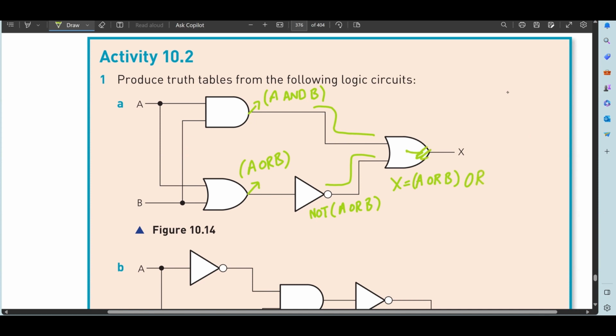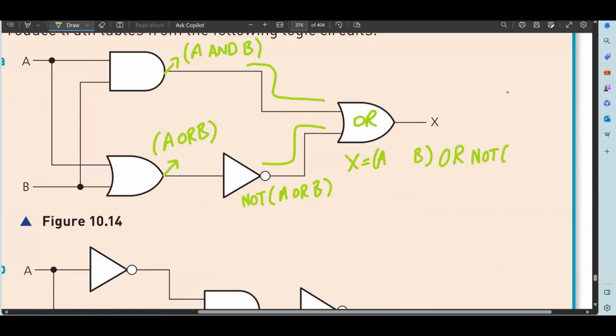Then down here we have NOT of A or B. The upper input is A and B, OR NOT of A or B. Okay, so there goes the expression for X.